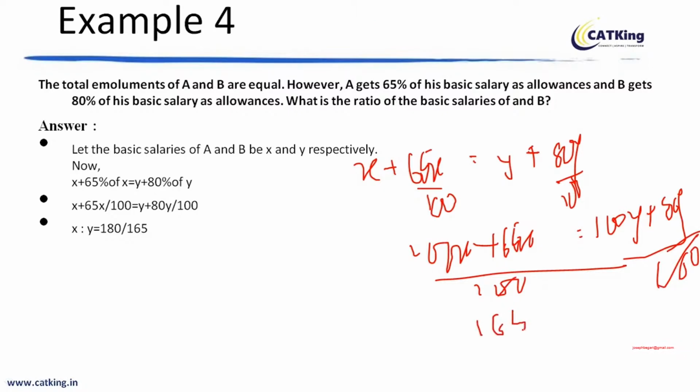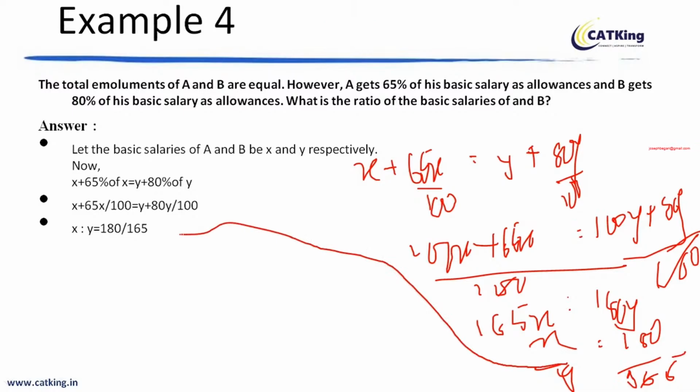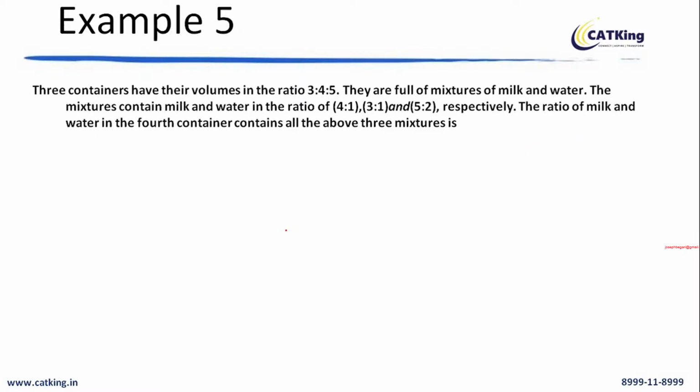This becomes 165x is equal to 180y. So x upon y becomes 180 upon 165. I hope it is clear now. Sorry for the bad handwriting. So x by y is equal to 180 by 165, which is 12:11, if you divide that by 15. Alright, so the ratio of the basic salaries is 12:11. Moving on to the next question.